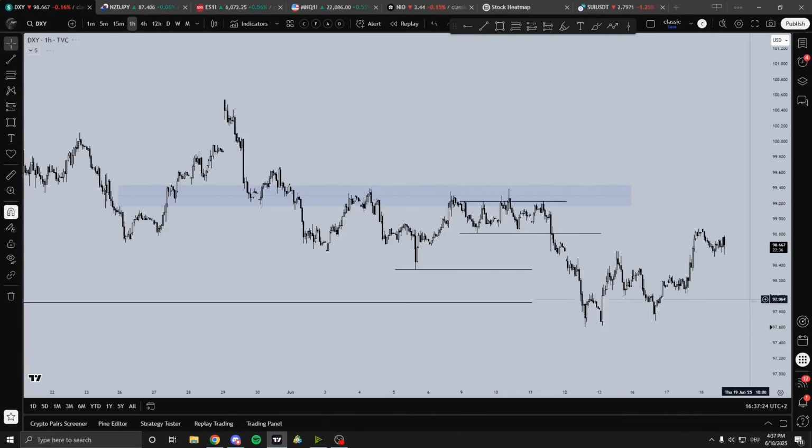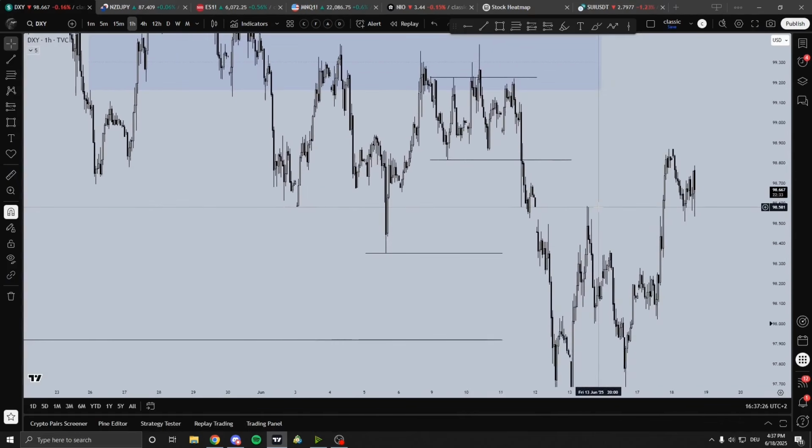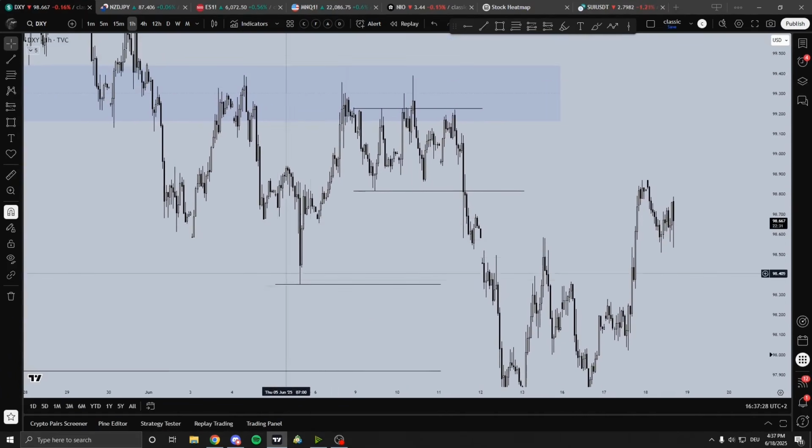Now we go to the hourly. Here you can see Monday range, price trades above the Monday range high. That's where you want to look for a change in order flow forming here. Imbalance, and then price on CPI day, distribution lower, into the range lows, and then we close below.